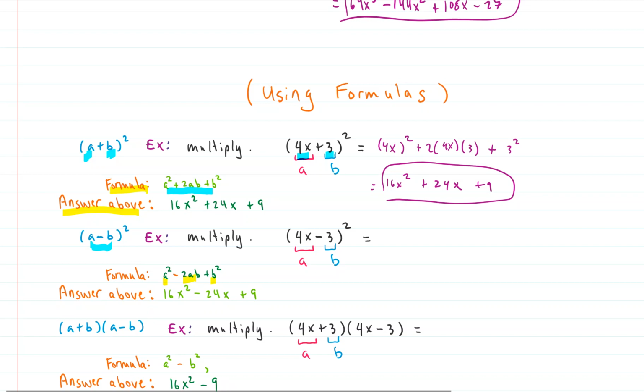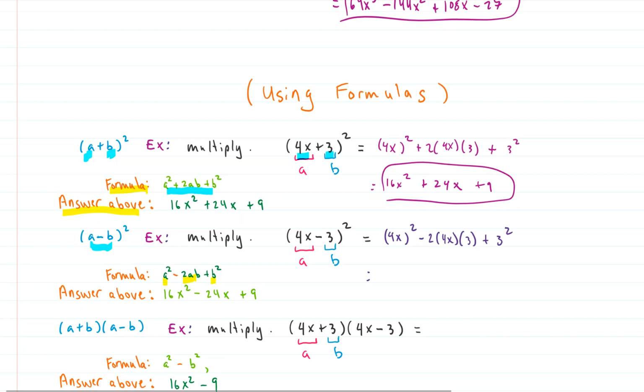So we have a squared, which is 4x quantity squared, minus 2 times a, which is 4x, times b, which is 3. And notice the b does not involve the negative. The negative is part of the formula. So negative 2 times 4x times 3, and then plus b squared, so plus 3 squared.